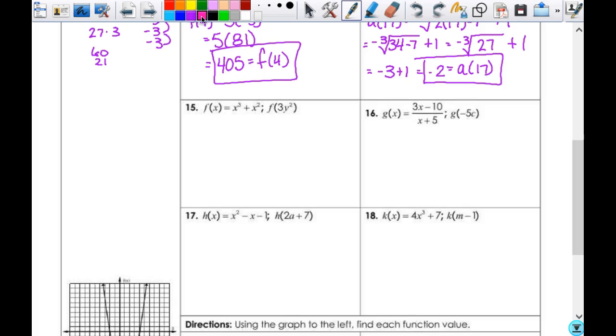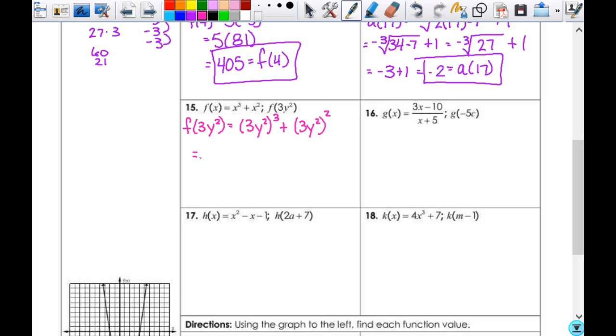All right, so 15. I want f of 3y squared equals, so I'm substituting this in for x. That's 3y squared to the 3rd power plus 3y squared to the 2nd power. So when I do this, I do the numbers first.